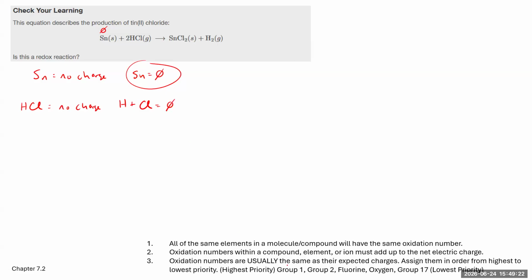Let's do priority order. Well, group 1 is +1. You go down the list, you see group 17, it's going to be -1, that equals 0. So hydrogen has a +1, chlorine has a -1.